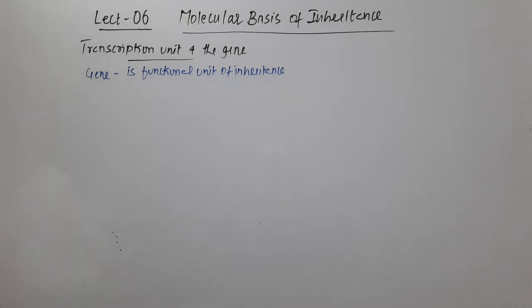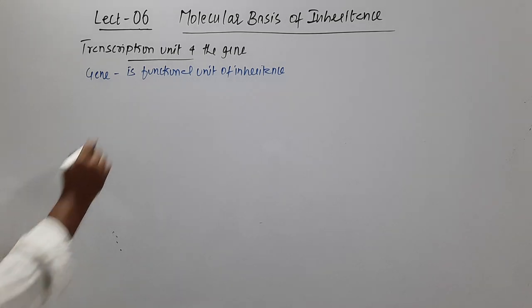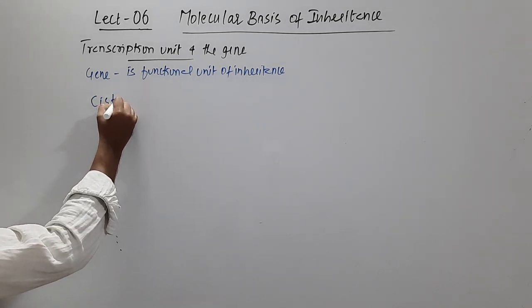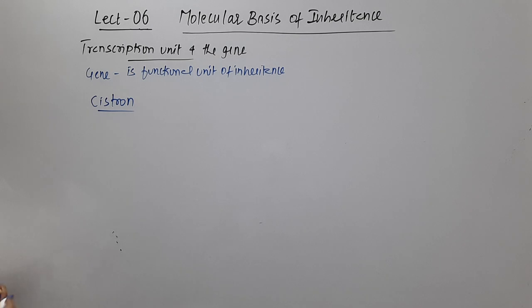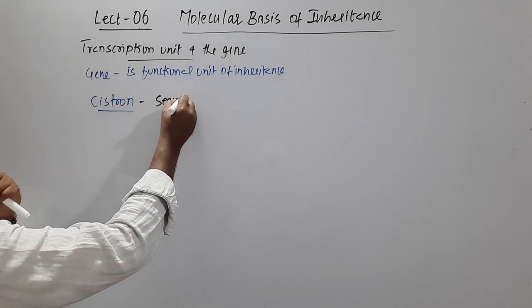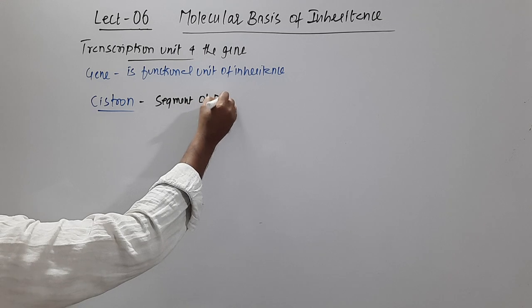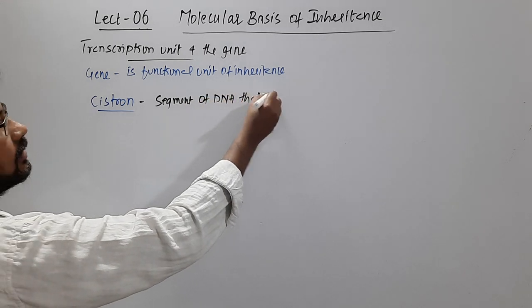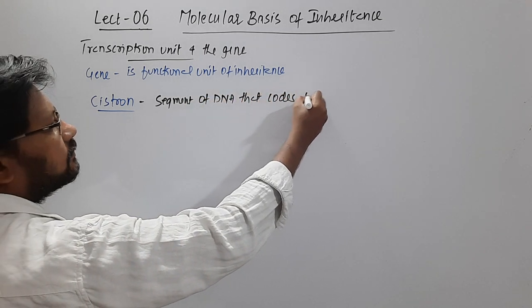Here we will see what actually is a cistron. A cistron is a segment of DNA that codes for a polypeptide.